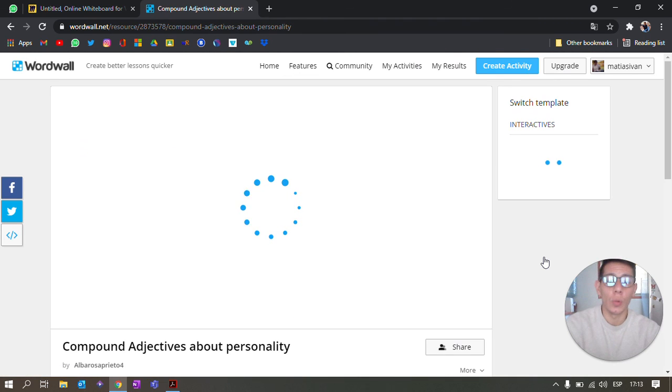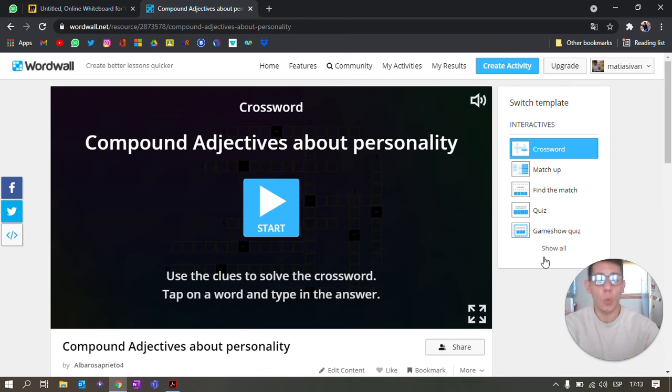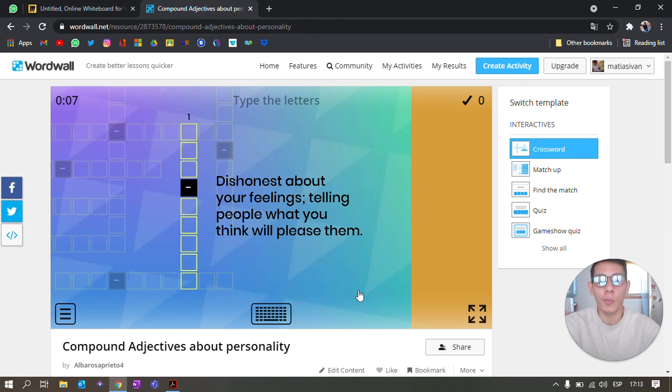So what you have here, this is a crossword, okay? And inside each word, you're going to have a definition. For example, number one: a person who is dishonest about their feelings, telling people what you think will please them.